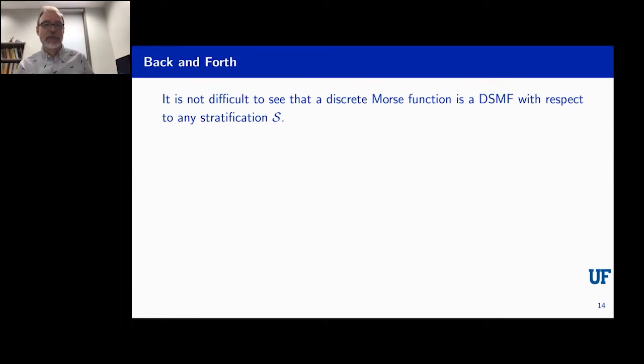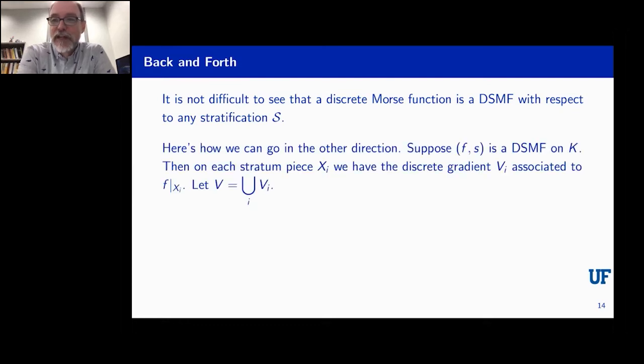Okay. All right, so some theory about all of this. If you have a discrete Morse function, is it a discrete stratified Morse function? Well, sure. In fact, with respect to any stratification, a discrete Morse function is a discrete stratified Morse function. So that's reassuring. But you can go the other way too.